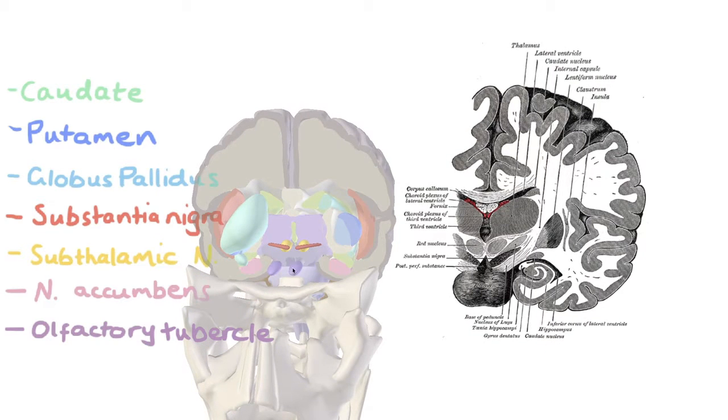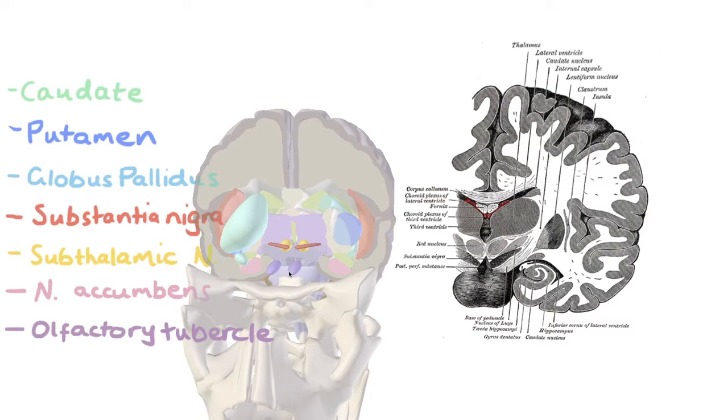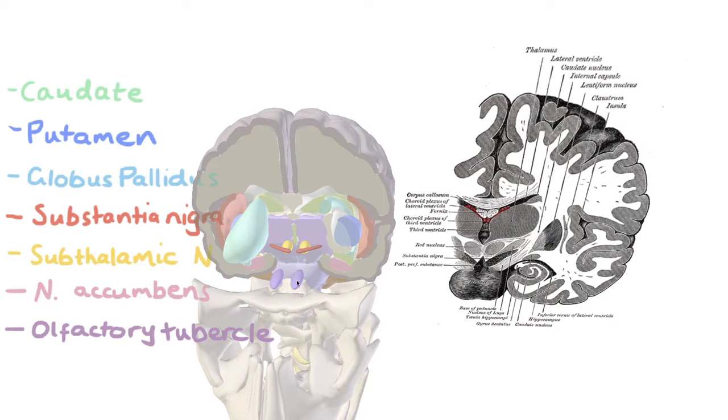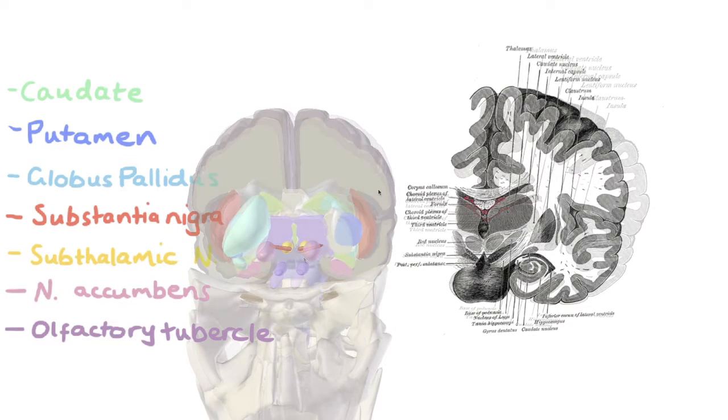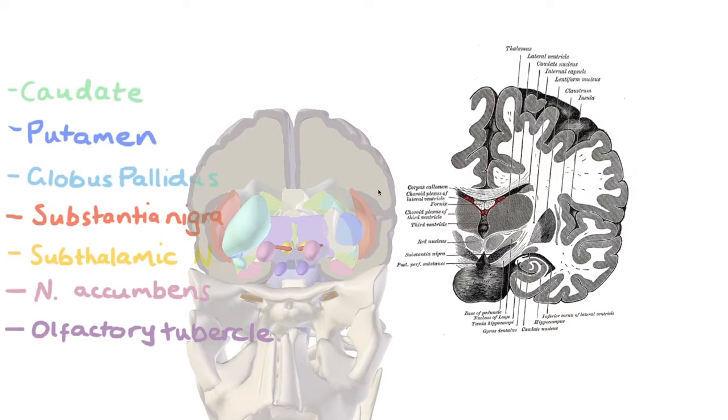And we can't see it on this coronal slice because it's too far posterior, but the olfactory tubercle we have up the front here. So the olfactory tubercle and the nucleus accumbens are together called the ventral striatum, as opposed to the dorsal striatum, which is generally referred to as the striatum. So there's the nucleus accumbens.